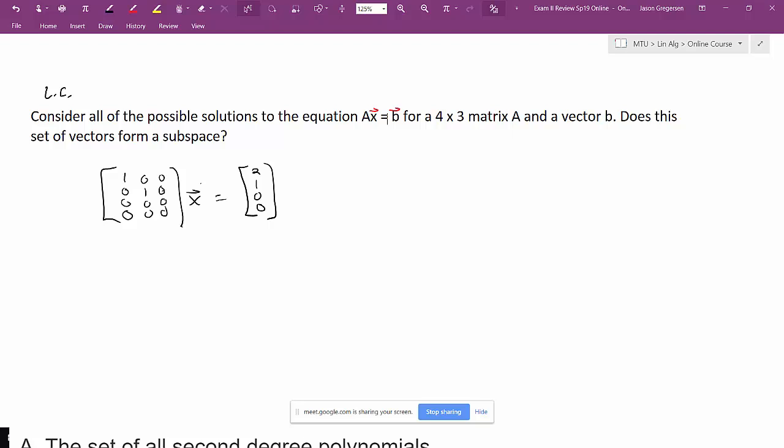That's our next Learning Catalytics question. I'll send that to you real quick. So I think of all the solutions to Ax = b. Does that form a subspace?